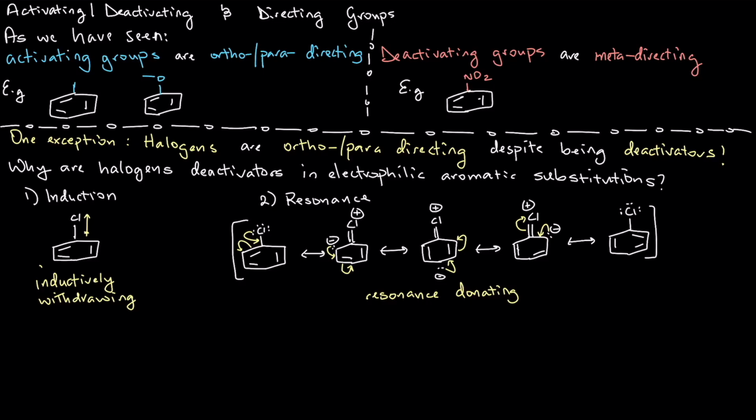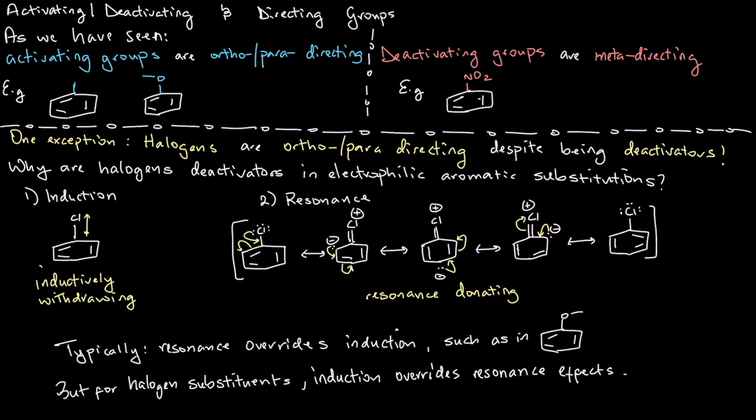So the induction argument seems to be consistent with the fact that halogens are deactivators, but the resonance argument seems to be inconsistent with the fact that halogens are deactivators. And typically, we've seen that resonance effects tend to override induction effects, such as in your anisole. We've seen that, yes, there is an induction resonance mismatch, but the resonance effect was overriding the induction. Halogens are the important exceptions.